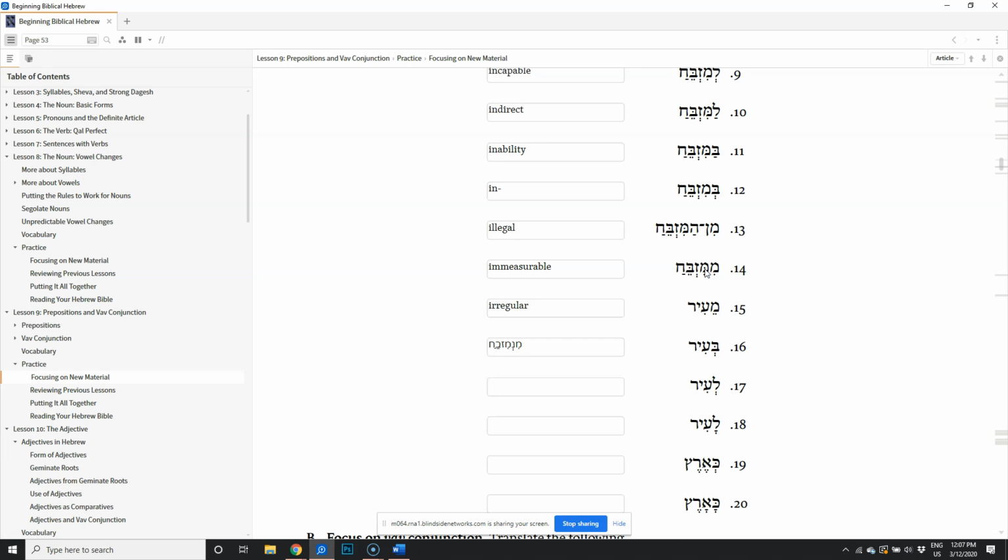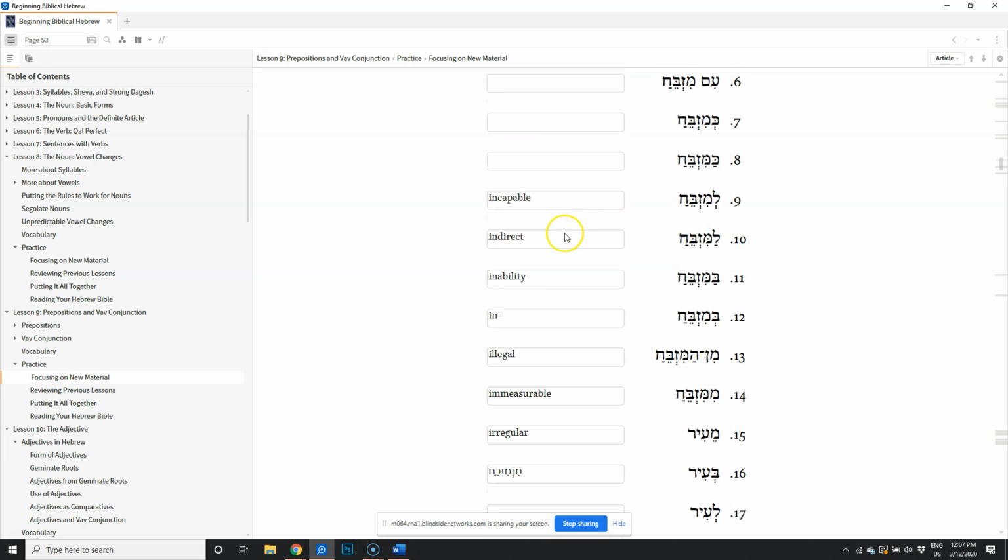Well, this happens in English in the prefix in. So we think about incapable or indirect or inability, how we negate a word by using this prefix in. But the letter N in the prefix in also assimilates in English, especially in front of liquids and nasals.